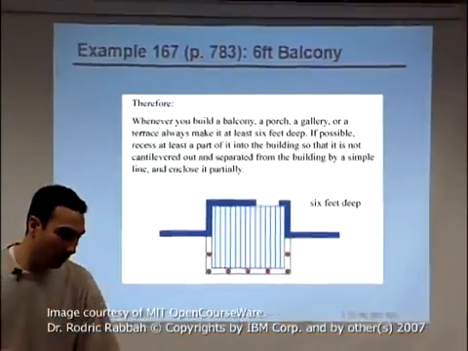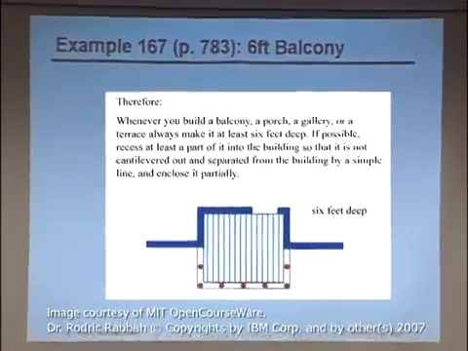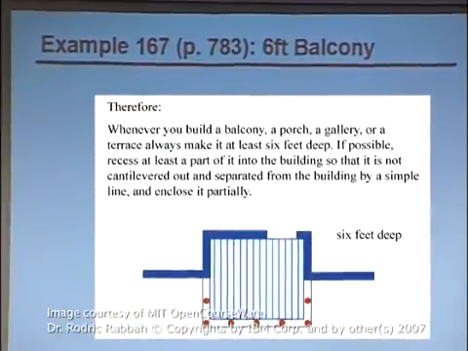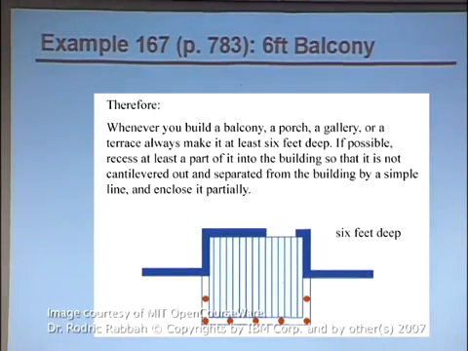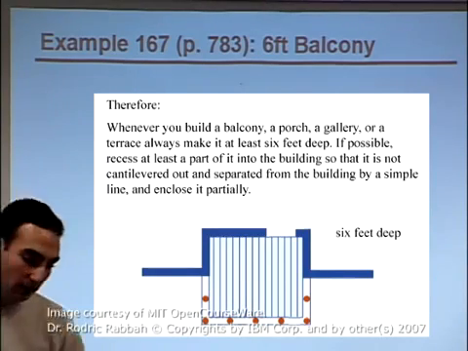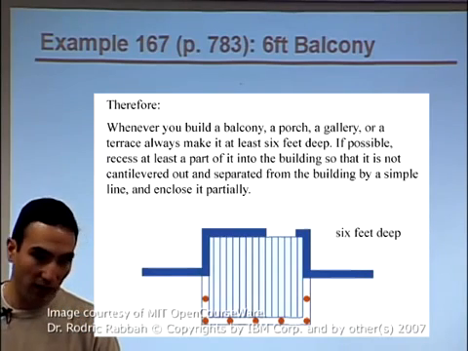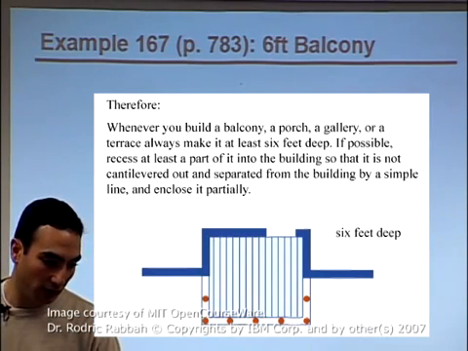So as an example, there's a 6-foot balcony pattern. So if you're going to build a balcony, you should build it 6 foot deep, and you should have it slightly recessed, and so on, because this is what's commonly used, and these are the kinds of balconies that have good properties architecturally.